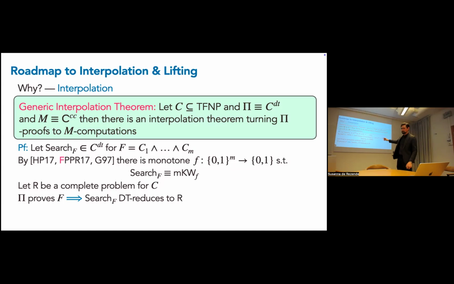This is because of the characterization here. Since the proof system is characterized by the class C, and the proof system proves F, the false clause search problem reduces to the complete problem in that class.